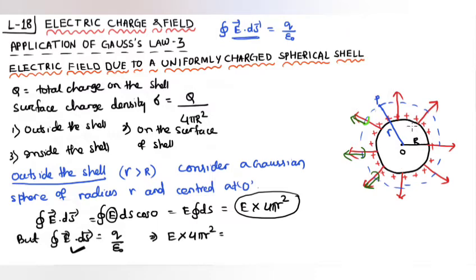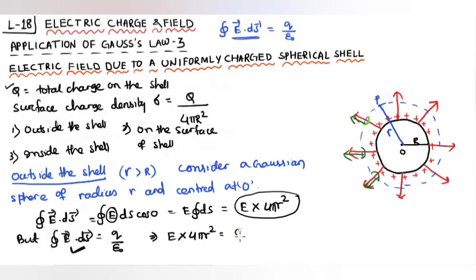So whatever charge is present on the spherical shell, that amount of charge is also enclosed by this Gaussian sphere. If capital Q is the total charge on the spherical shell, then the Gaussian sphere also encloses the charge capital Q, because this shell is inside the Gaussian sphere.